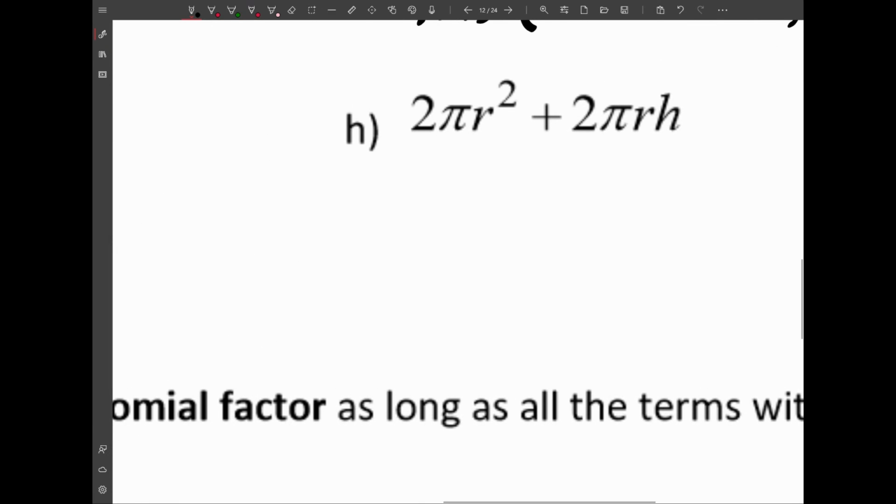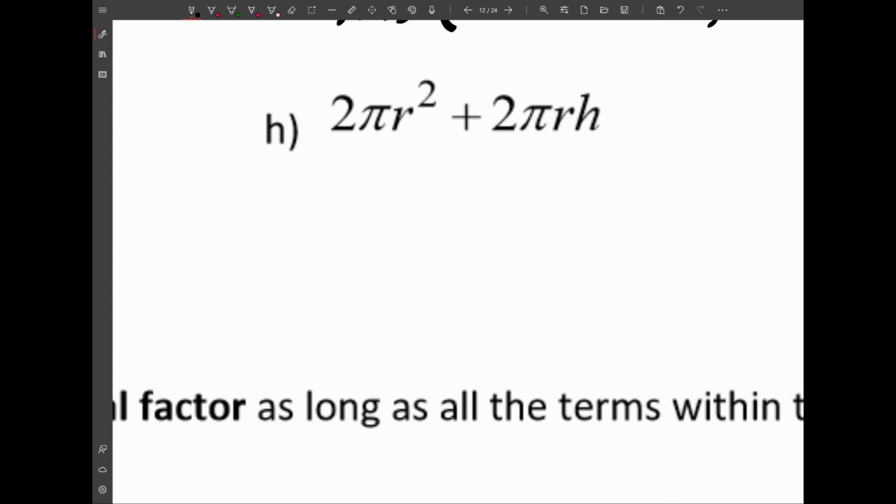Okay, finally. 2 pi r squared plus 2 pi r h. This might look familiar. This is the surface area formula. In case you thought that looked familiar, I'm going to show you a way to do the surface area formula actually a little bit faster. By factoring, you can actually put less into your calculator.